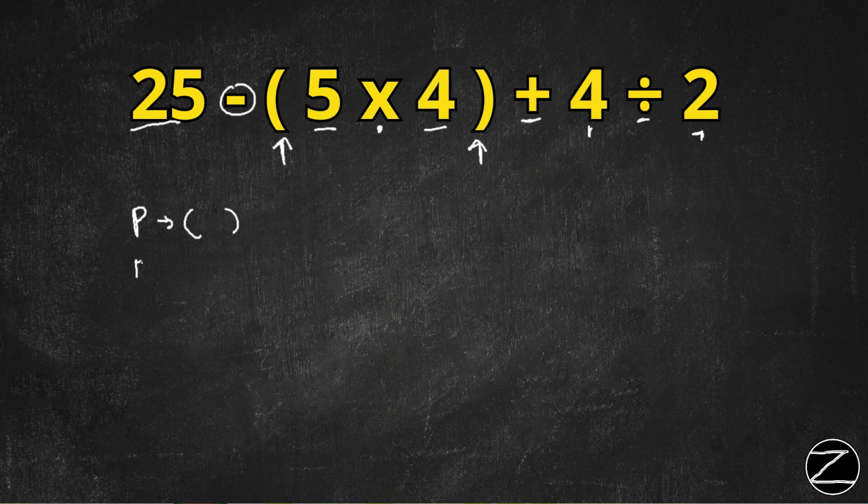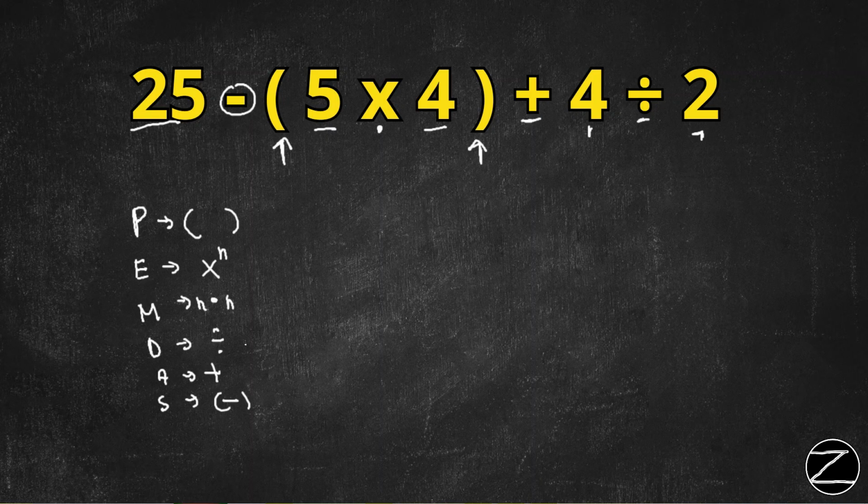E stands for exponents. M stands for multiplication. D is division. A is addition. S is subtraction.